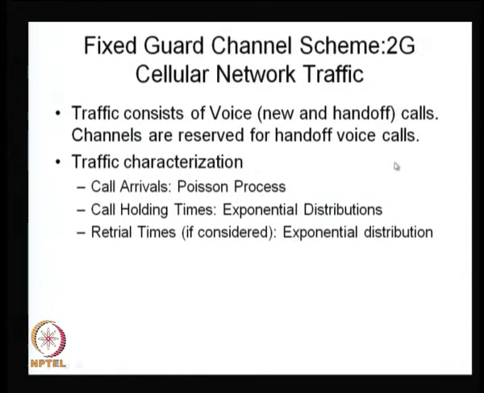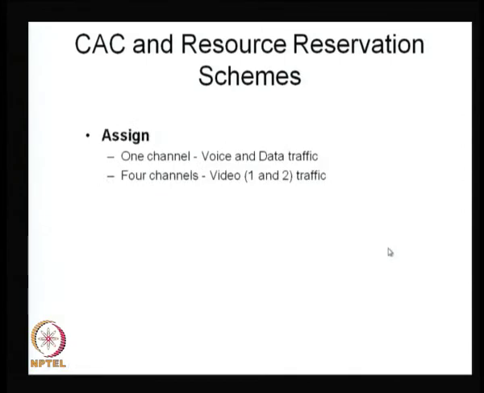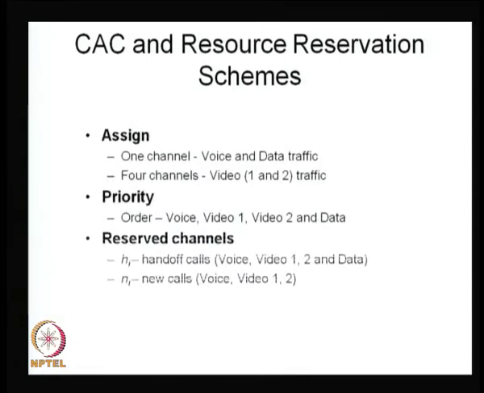So, here we made the assumption that call arrivals are a Poisson process. The usual way in 2G networks is that call arrivals are a Poisson process, call holding times are exponentially distributed and so on. But we are extending the model, with one channel needed for voice and data traffic, and 4 channels needed for the video 1 and 2 traffic, and the priority is voice, then video 1, then video 2 and data.